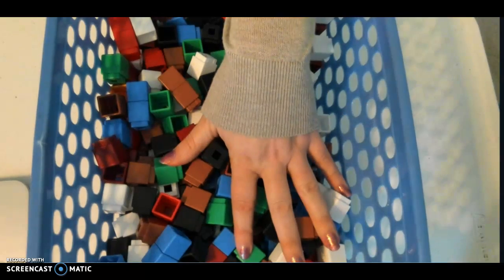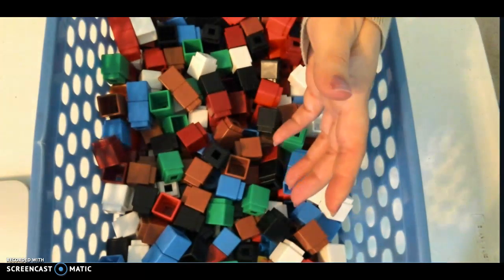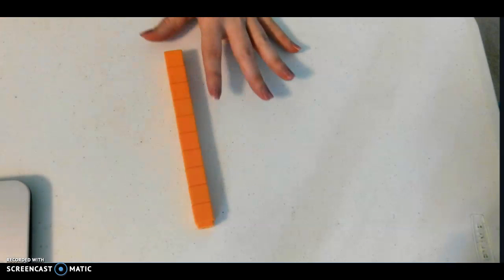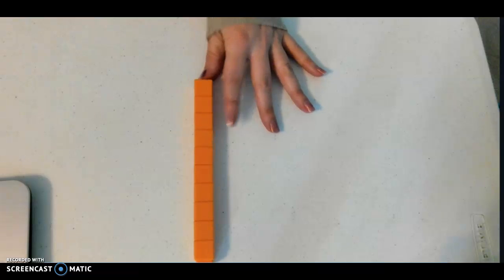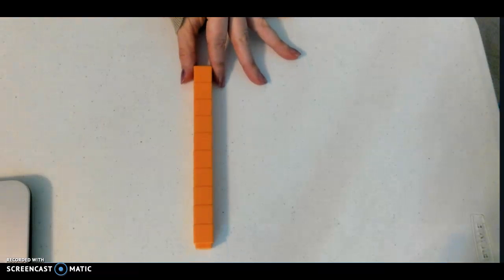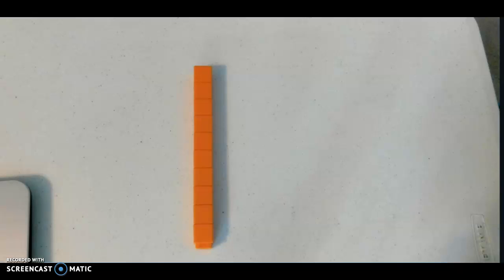Okay, so I have a big jumbly mess here, and I'd like to straighten them up. So if you were in class, of course, I'd have you guys do the work of straightening them up, but since you guys aren't here, I did a little work for you. So take a minute to look at this group of Unifix cubes and just say out loud what you notice about it.